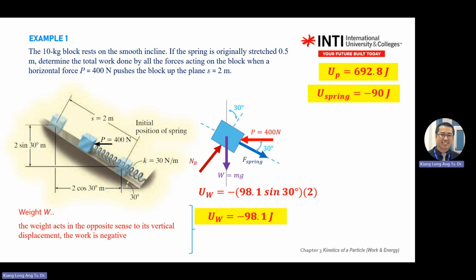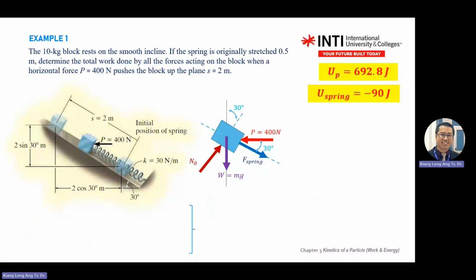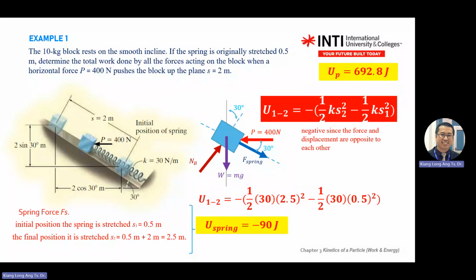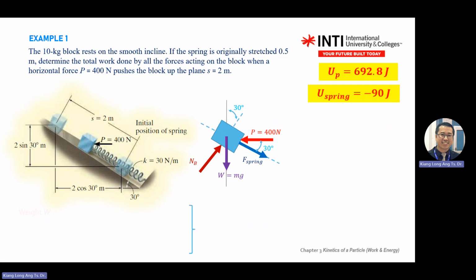If the question takes out this line, you take out the original stretch 0.5, then in the calculation for the spring just now, your S1 can put 0. This one, S1, you can put 0. S2, you can put 2. If this statement does not mention it.